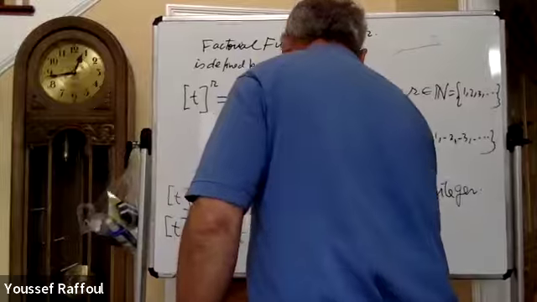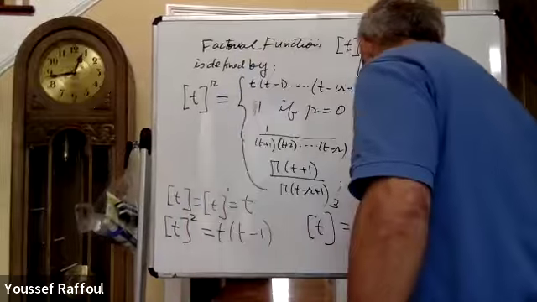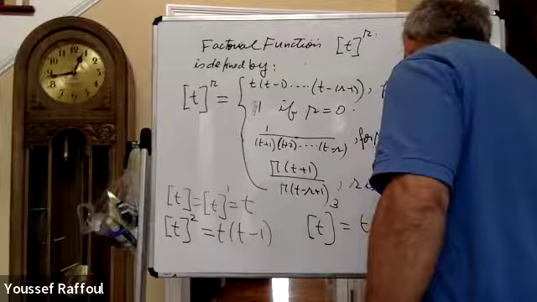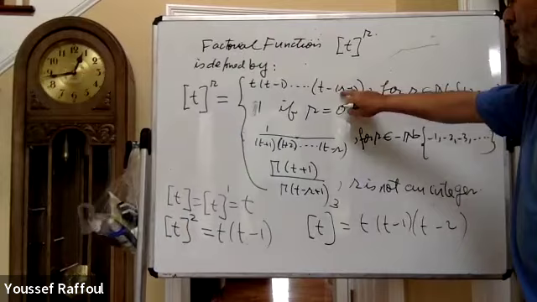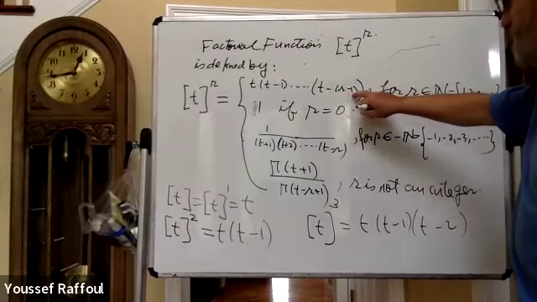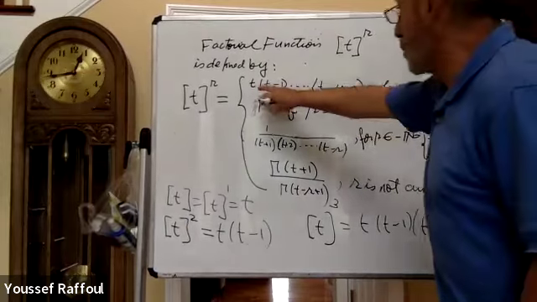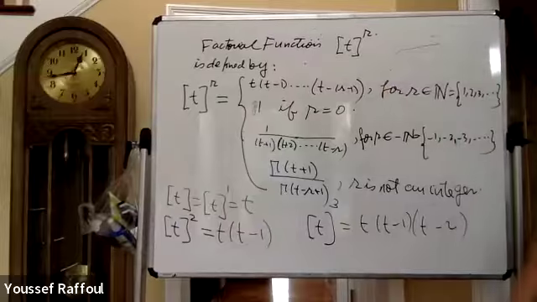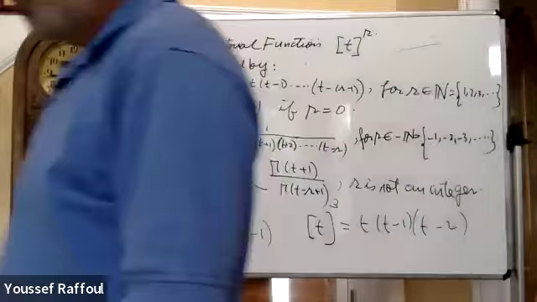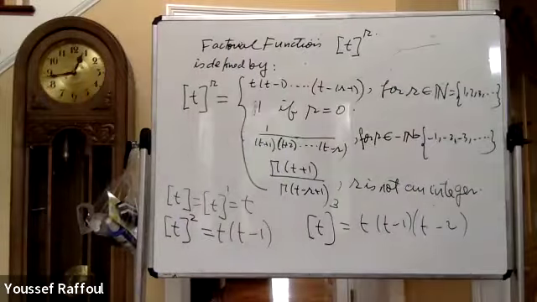So if you want t cubed, that is t times t minus 1 times t minus 2, because if you put r as 3, you will get t minus 2. So you get t minus 1, t minus 2, and you stop. Okay? And so forth. Any questions?